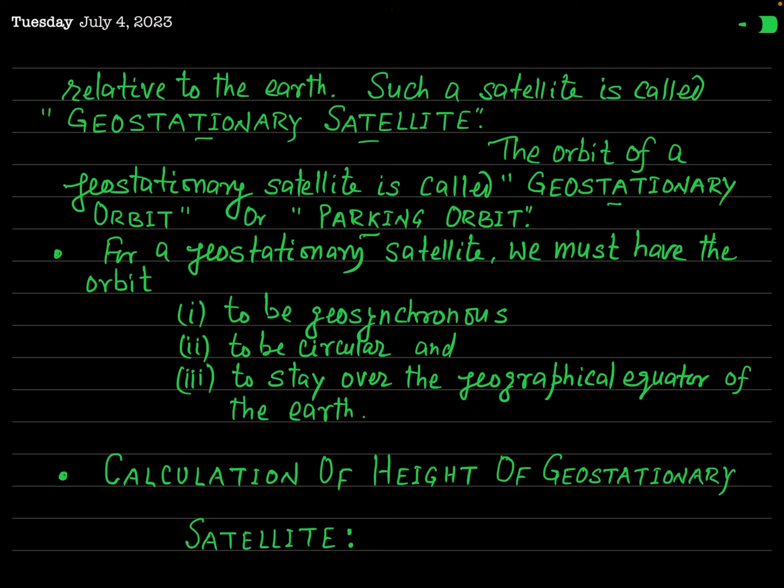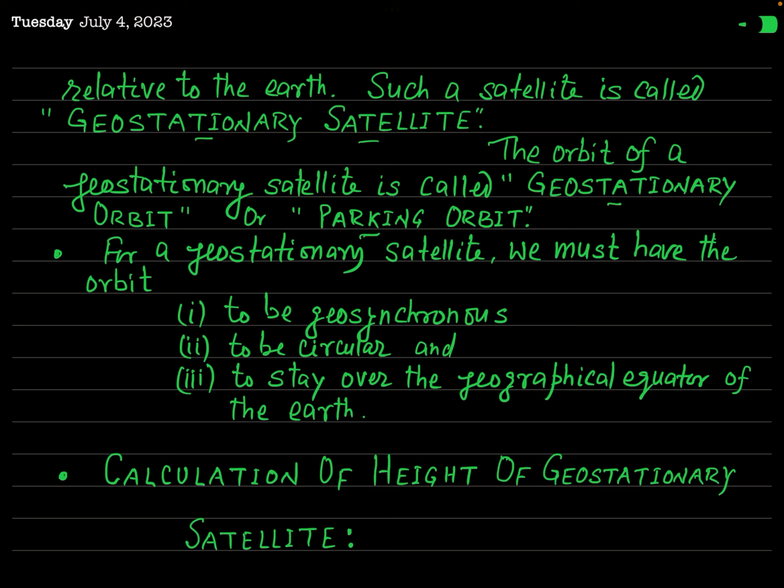Okay. So as I have told you, an artificial satellite which will just appear stationary to an observer standing on the surface of the earth is called a geostationary satellite. Can this satellite be observed from any place, or can it be lying above any place on the surface of the earth?